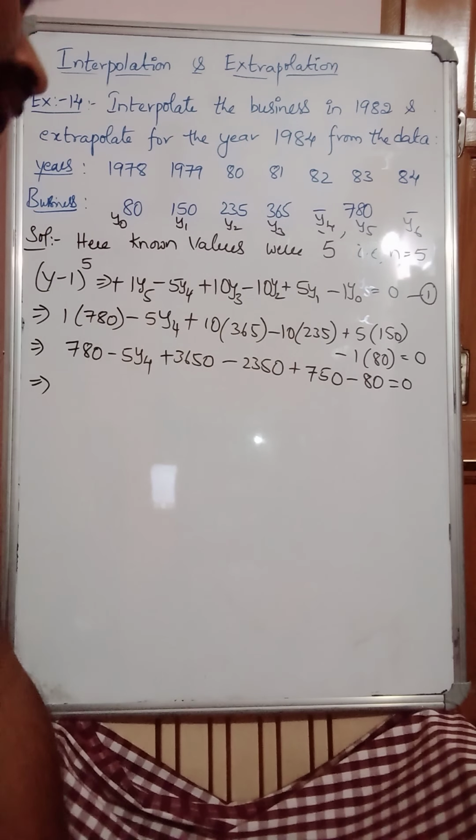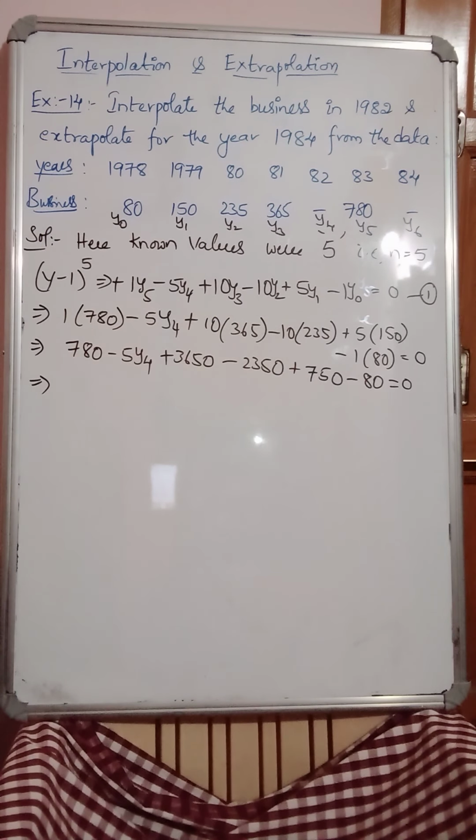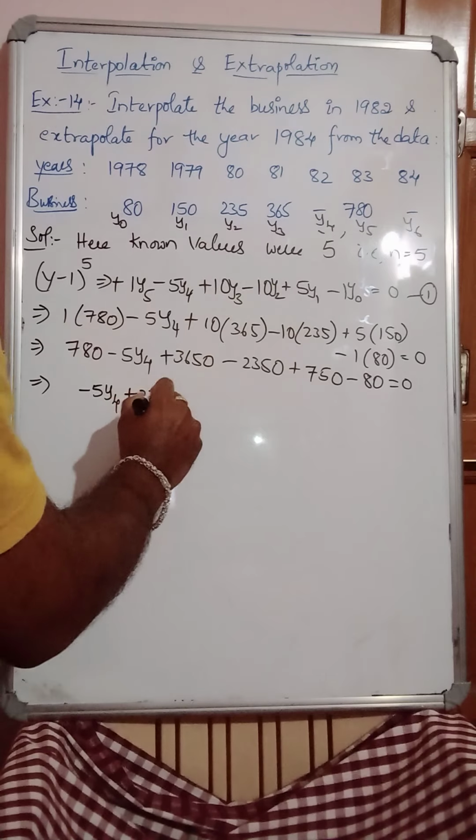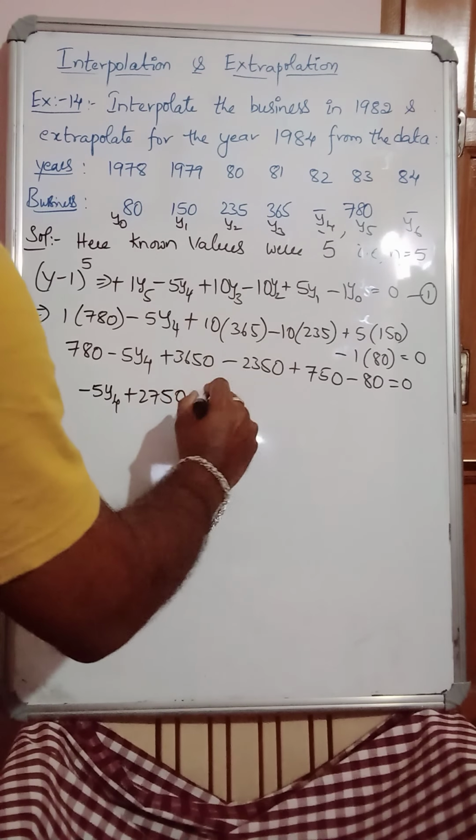Now calculate, now simplify that. 780 plus 3650 minus 2350 plus 750 minus 80 equated to 2750 minus 5y4 plus 2750 equated to 0.